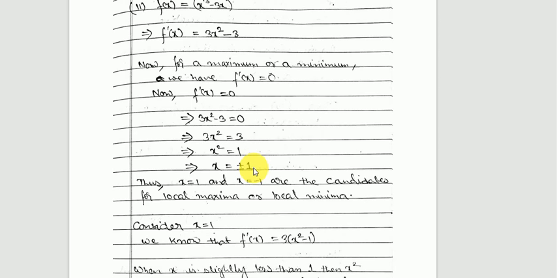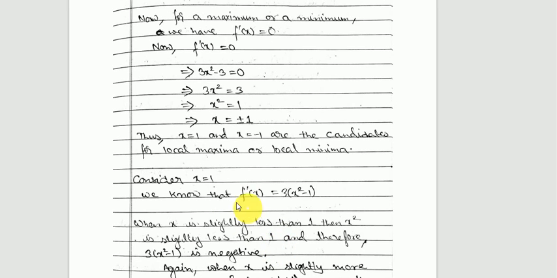So it means that at x equal to 1 and minus 1, the derivative is 0. But till now it's not clear to us which point is the point of maximum and which point is the point of minimum. So first we'll take x equal to 1, and we will check the sign of the derivative. We will check what will happen if I increase the value of x through 1, and what would be the change in the sign.